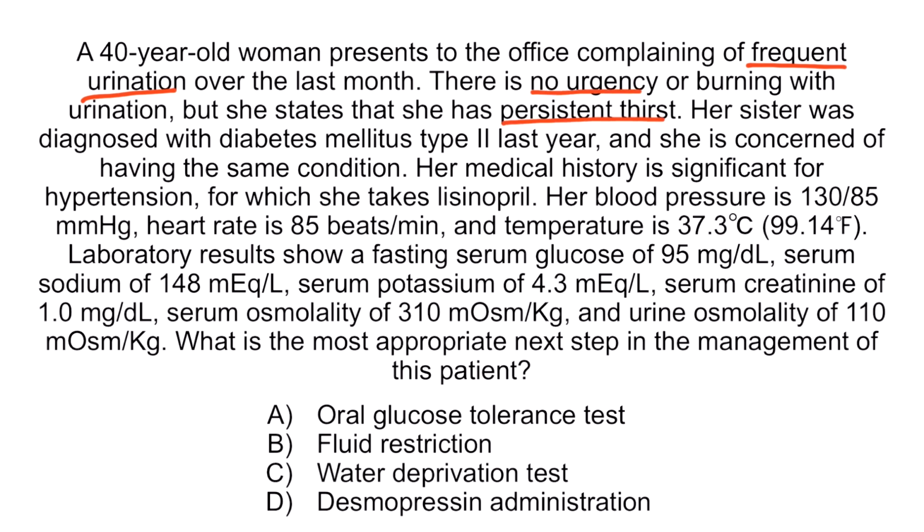So here we have a woman complaining of frequent urination and persistent thirst. There is no urgency or burning with urination. The most common pathologies to think of are diabetes mellitus, diabetes insipidus, and primary polydipsia. The fasting serum glucose is normal, 95 milligrams per deciliter. The serum sodium is mildly elevated at 148, along with a high serum osmolality of 310 and a low urine osmolality of 110.